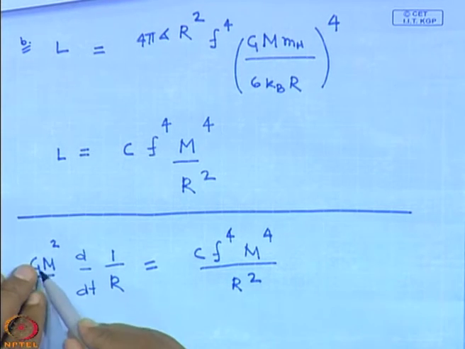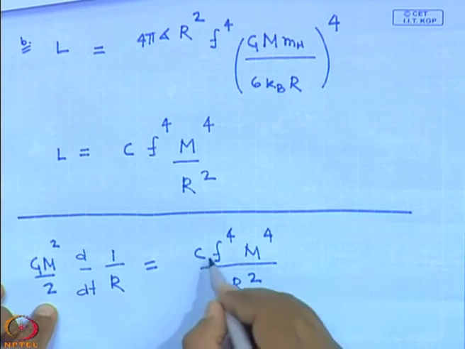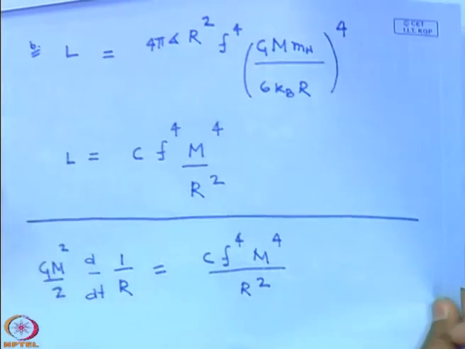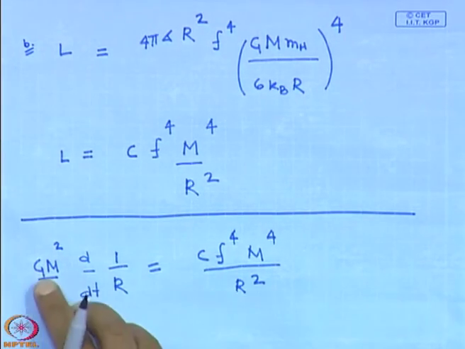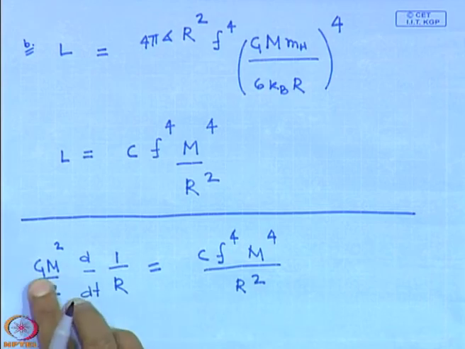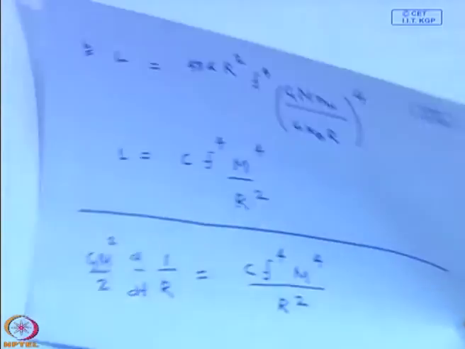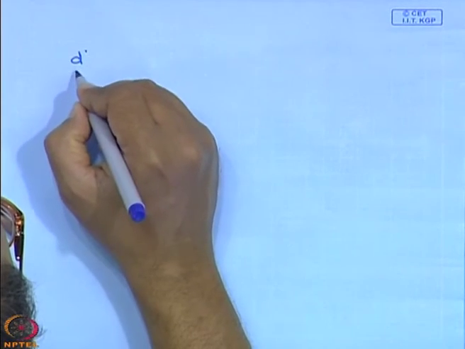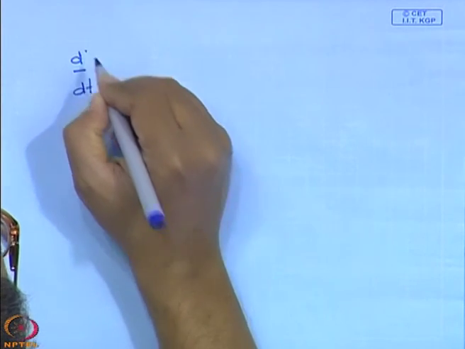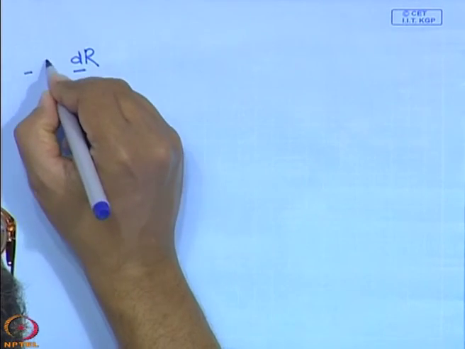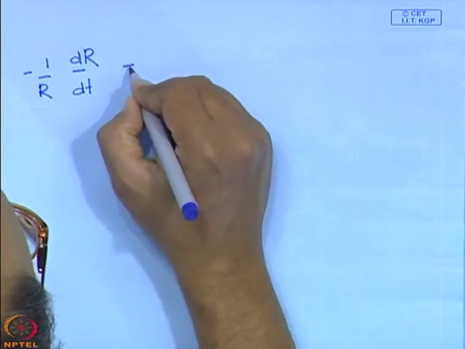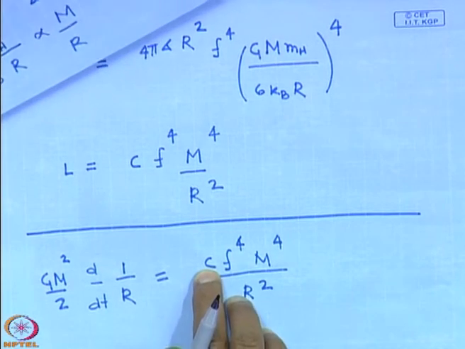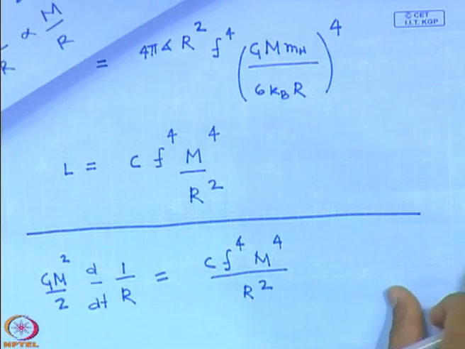So, I can absorb these coefficients G m square by r into this constant c and redefine another constant, which is 2 c by G m square by G, basically 2 c by G, and what I will get is that d by dt of r, minus 1 by r square is equal to, so this was c, let us call it c bar.